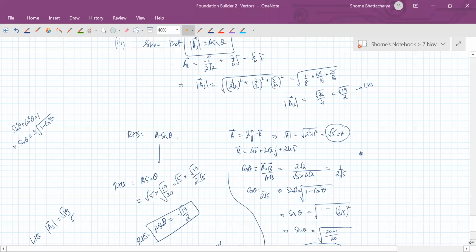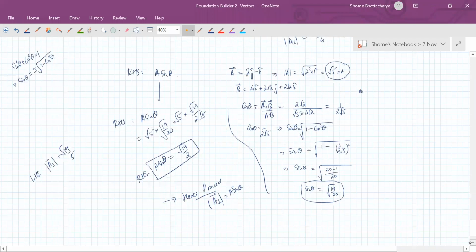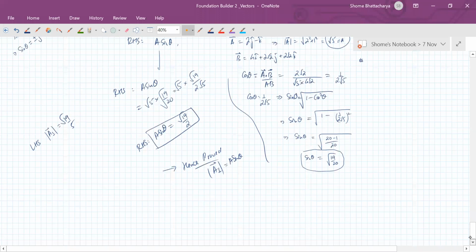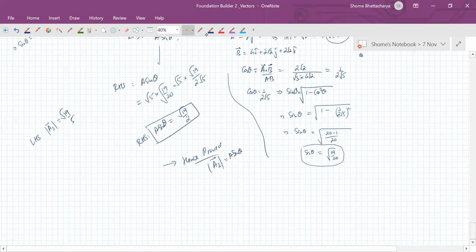Okay, so I'll give you a comparatively easier version of this question. Easier in the sense that we'll discuss one which has two-dimensional vectors. So the vector A is suppose 2 root 3 i cap plus 2 j cap, and the vector B is 3 i cap plus 3 root 3 j cap.